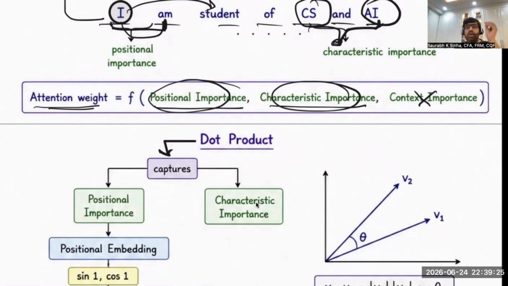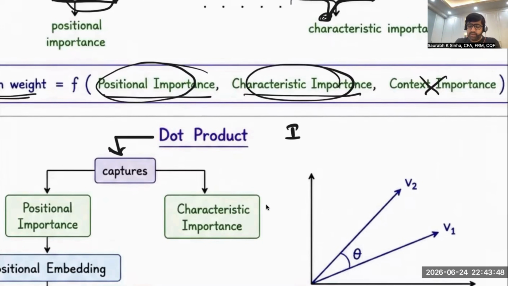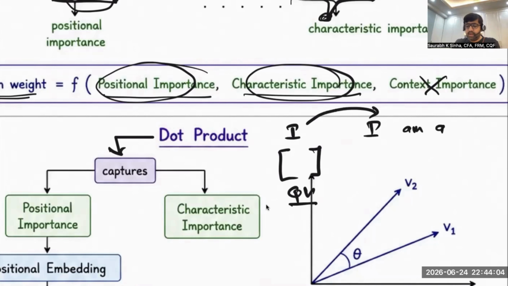If you do a dot product between two vectors, "I" is my query vector, QV. And I have to find out the attention score between "I," then "am," then "a," "student," and so forth. Each one of the tokens has its own vector.